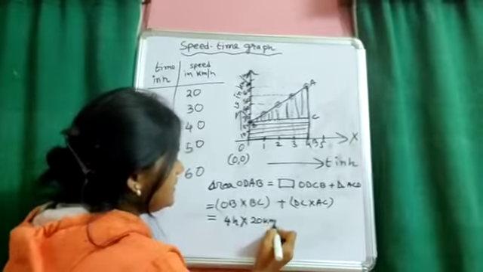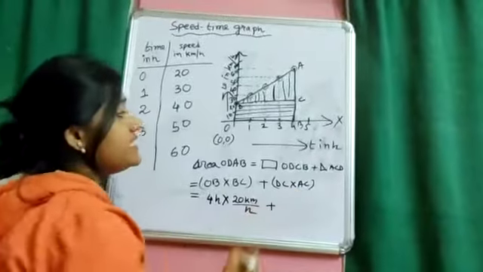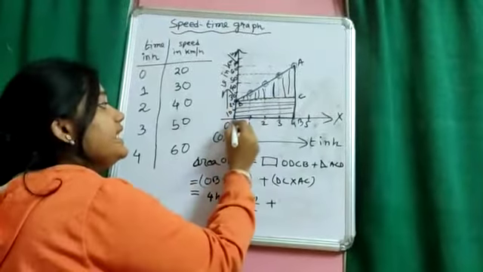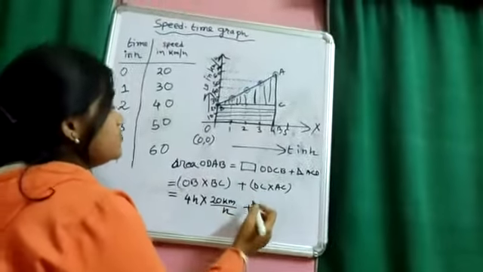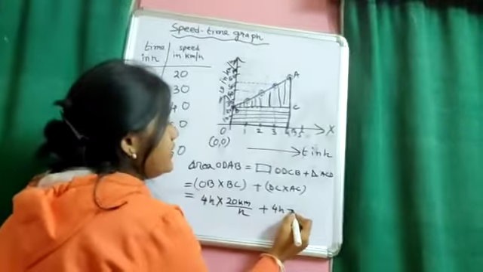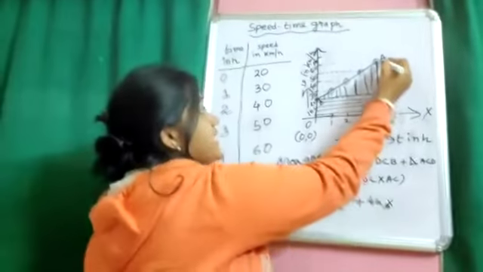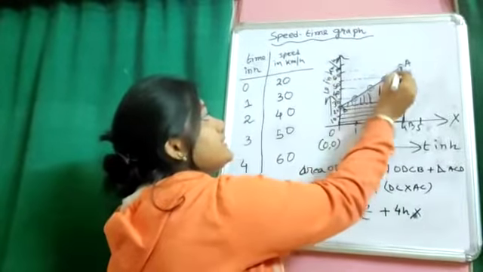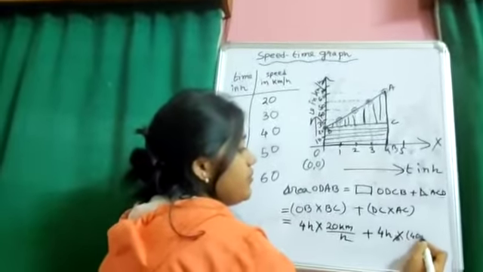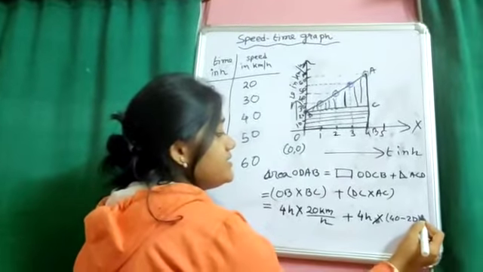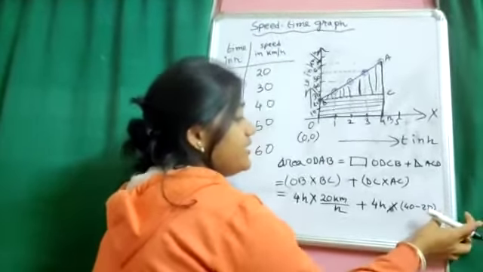Plus DC, which is the same length as OB from the concept of rectangle, so again 4 hour, into AC. AC is 60 minus 20, in kilometer per hour.